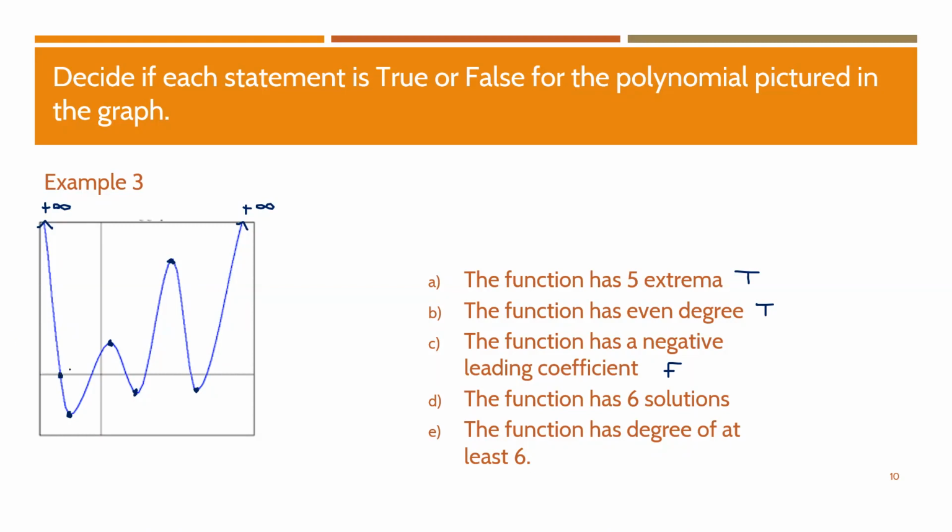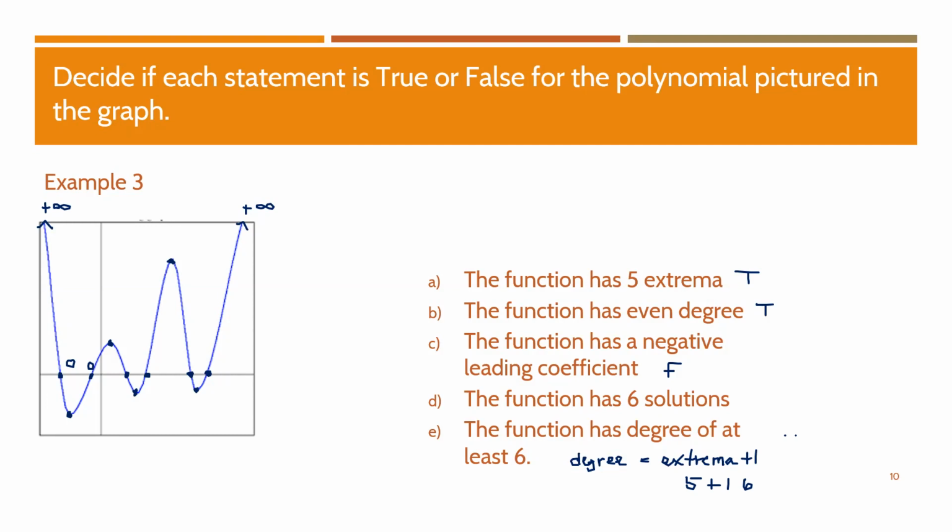Letter D, the function has 6 solutions. So looking at the graph, I see a 0 every time that it crosses the x-axis. So that's 1, 2, 3, 4, 5, 6. I see 6 solutions, so it seems true, but I have to check the degree first. So the degree equals extrema plus 1. So 5 plus 1 equals 6.